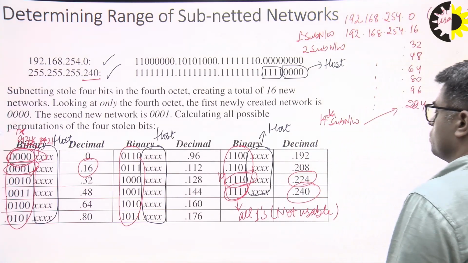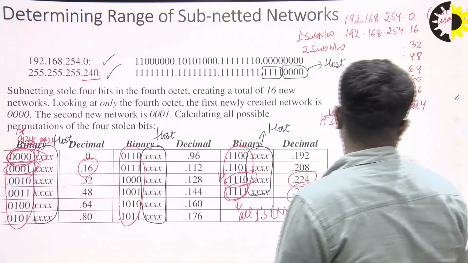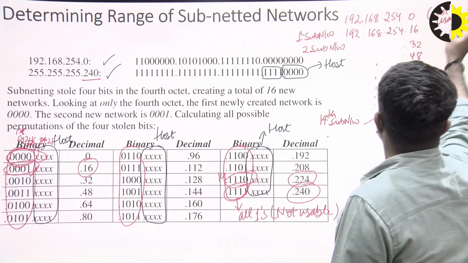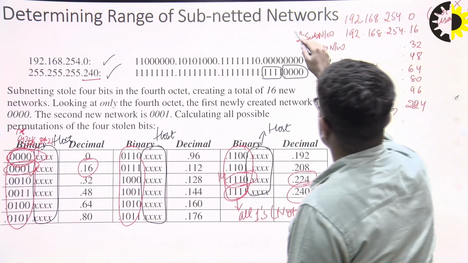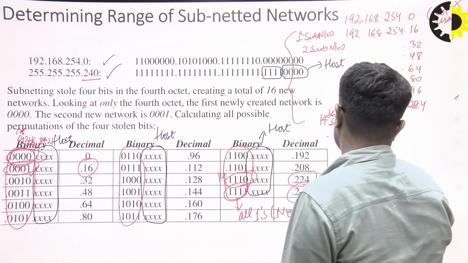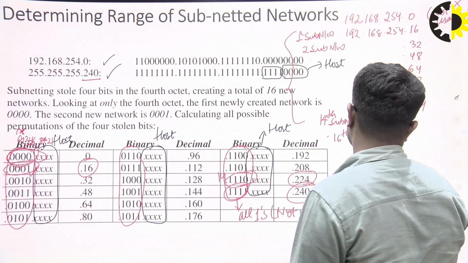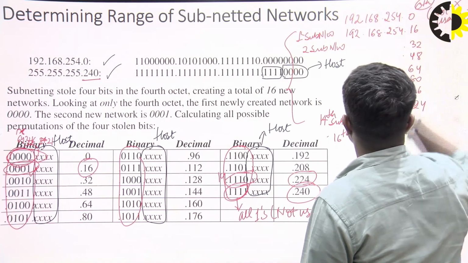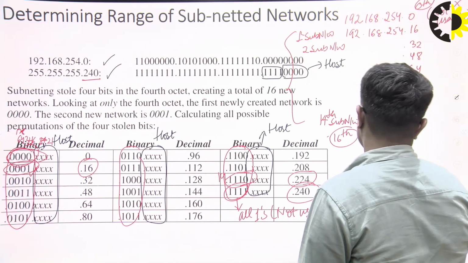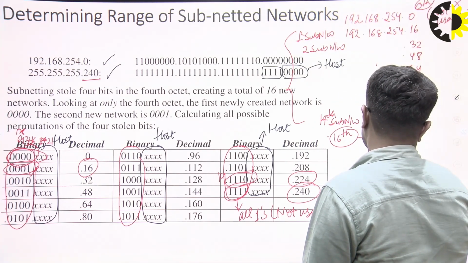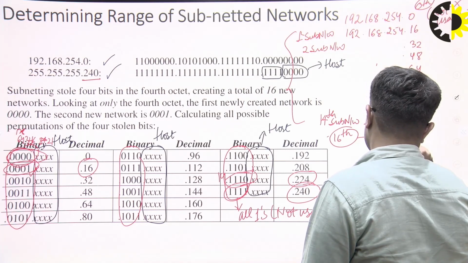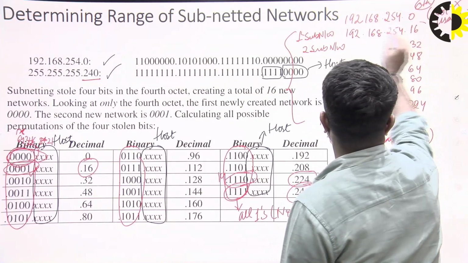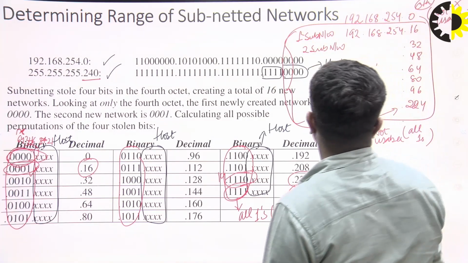So the 0th one was not usable, the 16th is not usable because all ones are there, and in between, these 14 are usable.